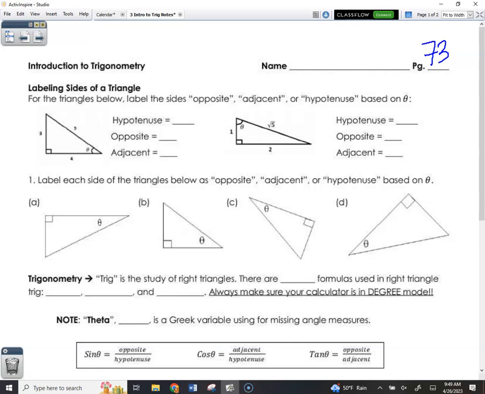We are going to cherry pick just the tangent questions first, because I have found in years past that if I teach tangent first, the kids tend to do well. If I throw all three of them at people, they tend to mess up, get confused, they don't have a clue.